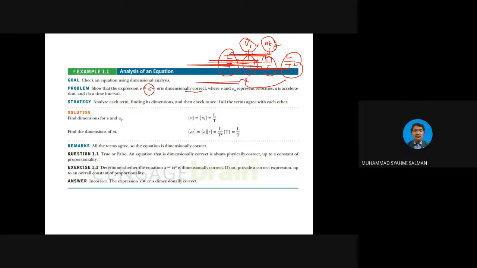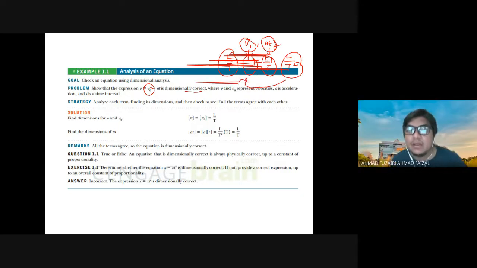No. So the expression becomes dimensionally incorrect. So you need to prove that the left side is equal to every place on the right side. Simple.